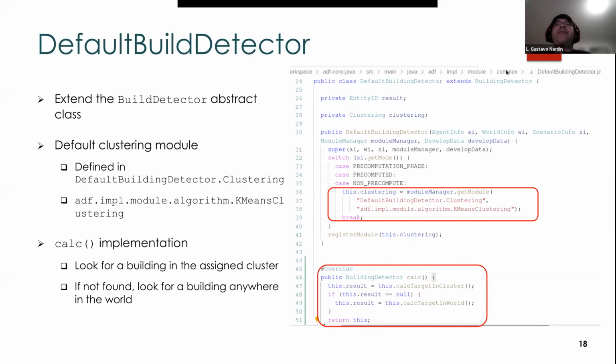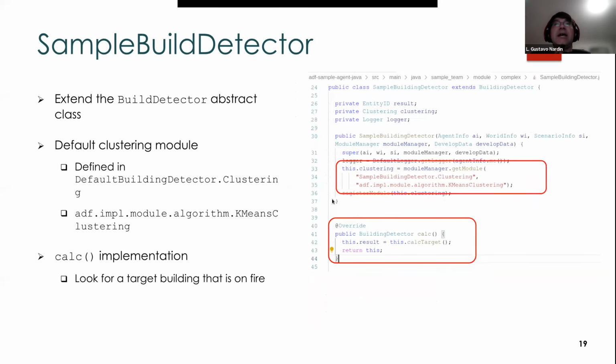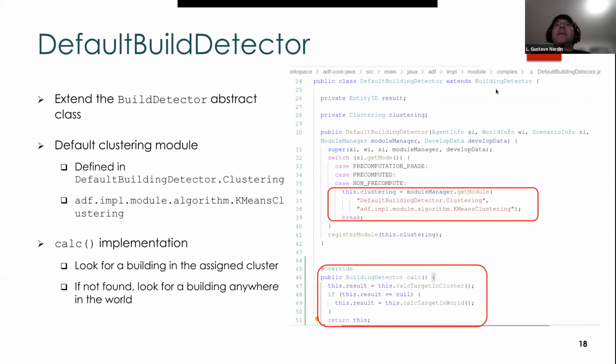So here is the default implementation of the building detector. If we want to change it, we can, again, create a different class. In this example here is the simple building detector class that extends the building detector. And well, we keep the same module manager for the cluster.